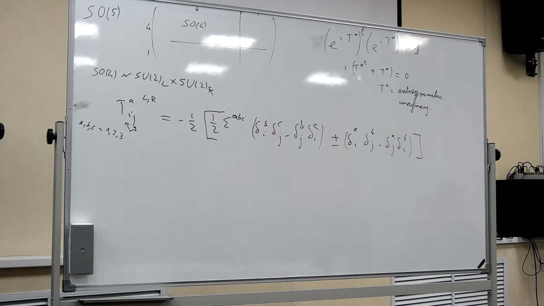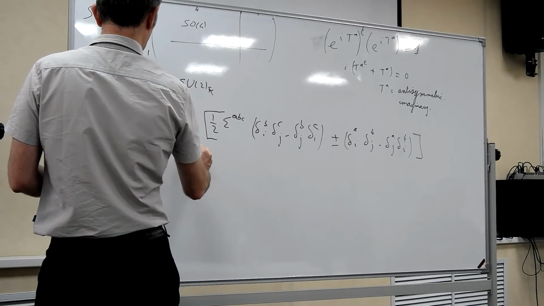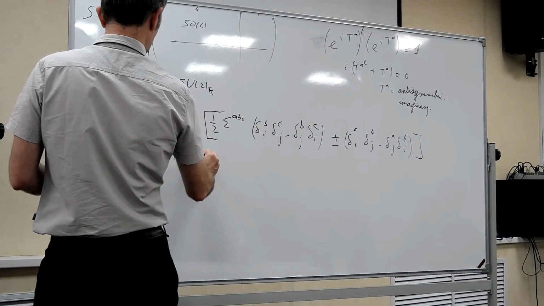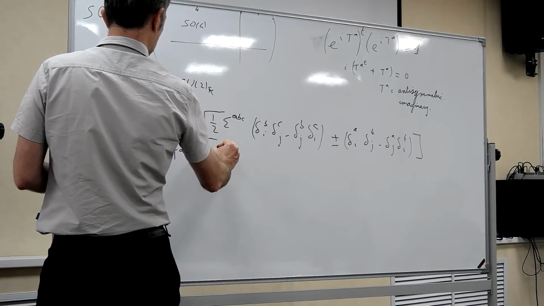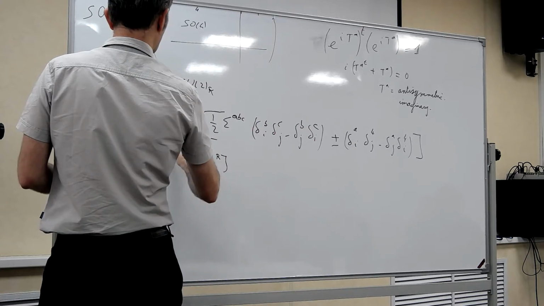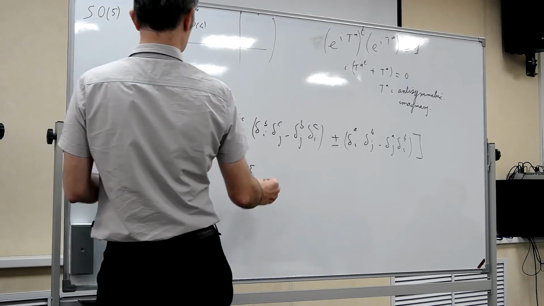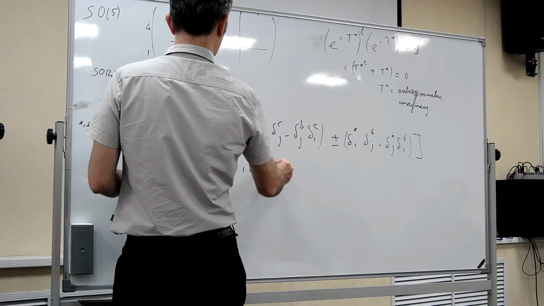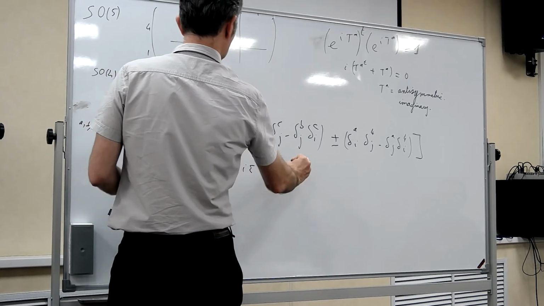So those generators are just off-diagonal elements, 0 here, and just an i over root 2 in the position Â. It has to be anti-symmetric. And you can check, it's obvious that they commute with the unbroken ones, right?